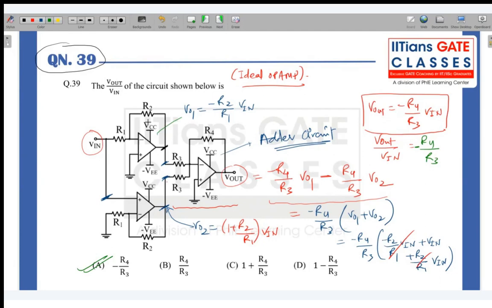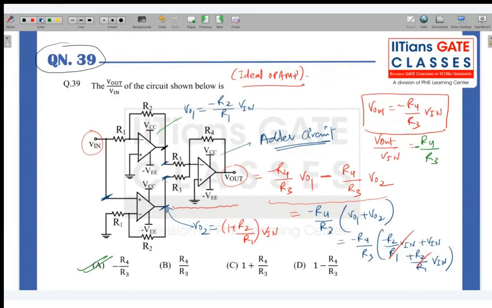If you know the property of the circuit, you know the results of the circuit, you can quickly solve the question. Otherwise, this big 3 op amp circuit might confuse you, right? You will think that sir might have told you the KCL you have to apply to analyze the op amp, okay? Then you will apply KCL, find out V out 1, V out 2, and then again, right? So it will take time.